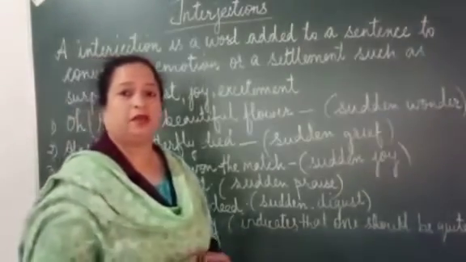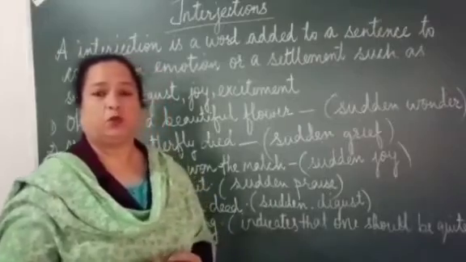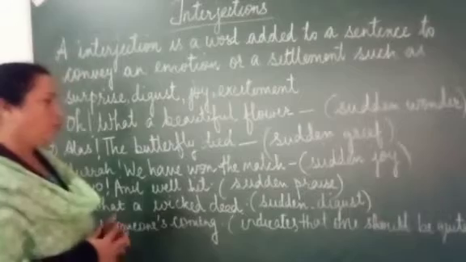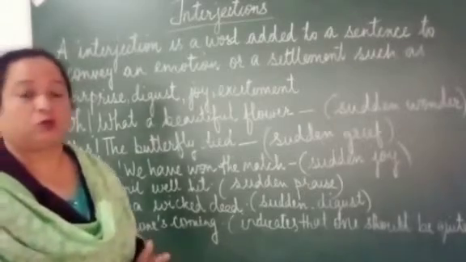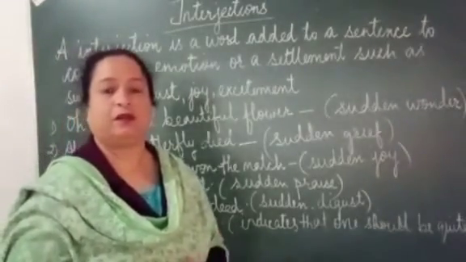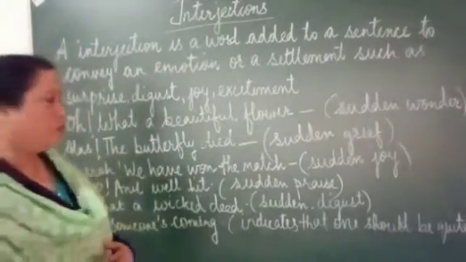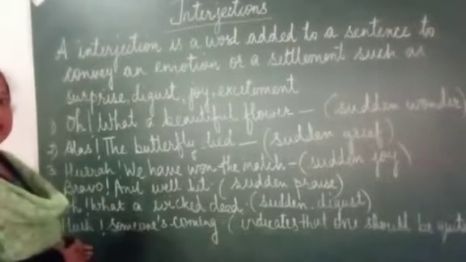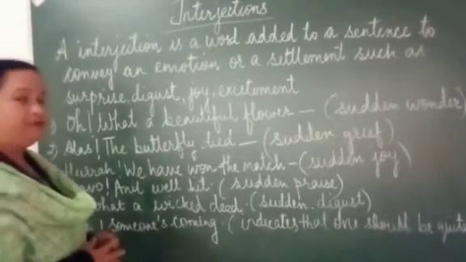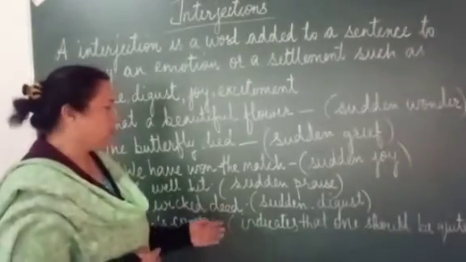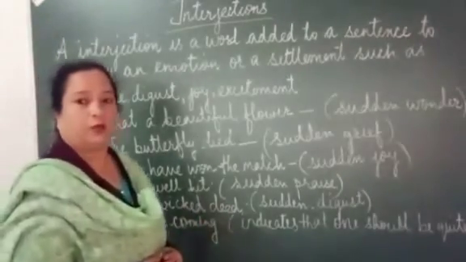Here once again, hush is an interjection which is used when we indicate that someone should be quiet. We are trying to warn someone about somebody coming or someone standing nearby. So what do we use? We use the interjection hush followed by an exclamation mark. And what does it indicate? It indicates that one should be quiet.